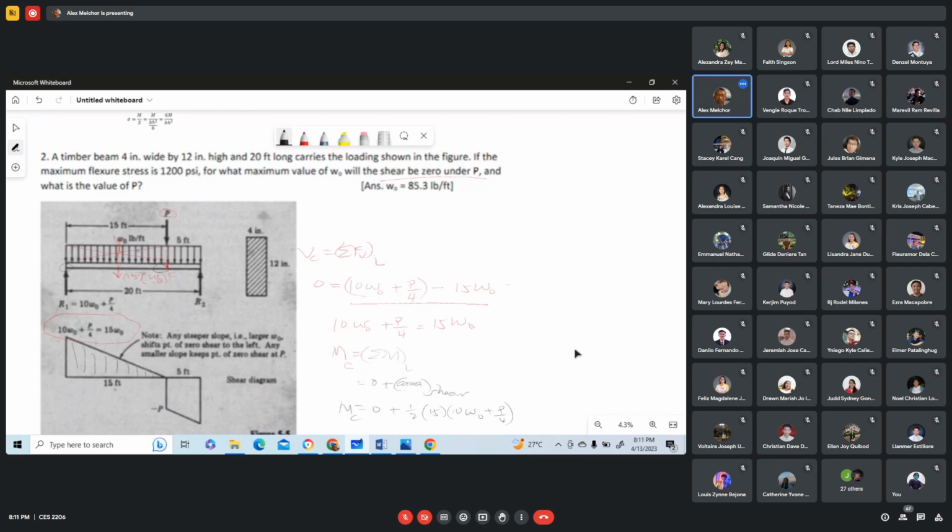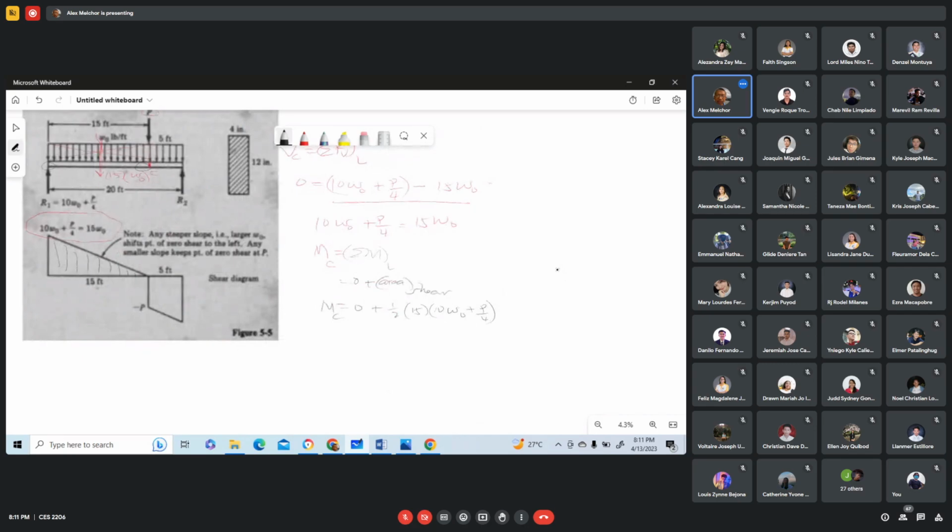So this is equal to 1/2 times 15. Now this 10 W sub O plus P over 4 is equal to this one here, so 15 W sub O.